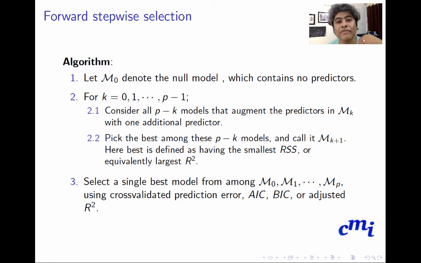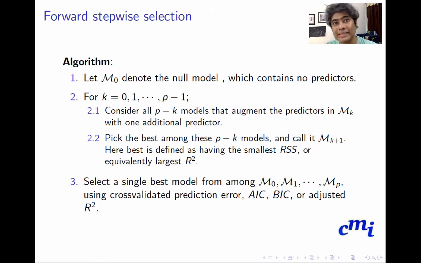So if you have chosen, say, x3 in the first iteration, then in the second iteration x3 will by default be there, and you will choose among the rest of the predictors other than x3.